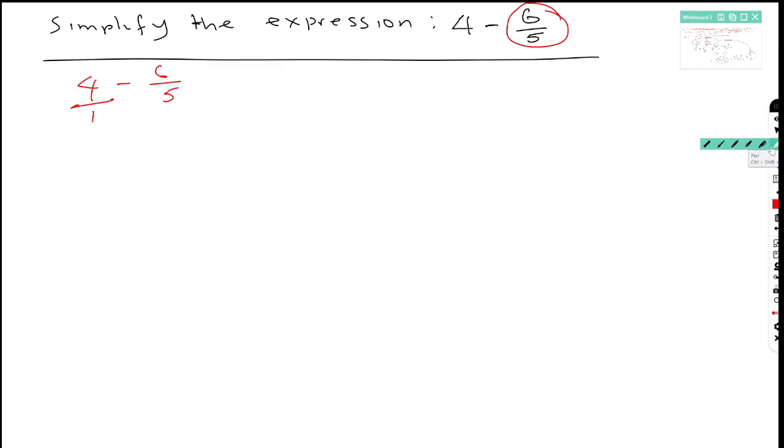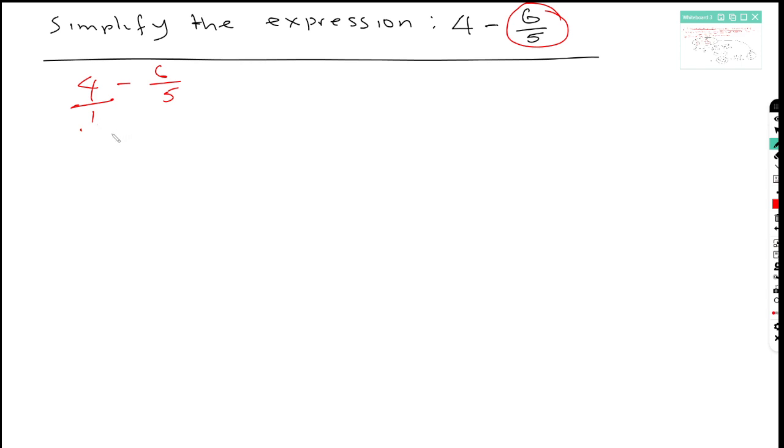Cool, so let's tackle this. We have 4 minus 6 over 5.